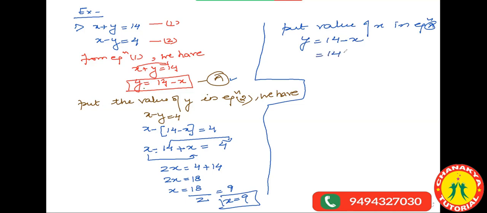So the value of x is 9, so the value of y is 5. Right? So these are the values of x and y, and this is our answer. Got it, children? All have understood? Yes, ma'am.